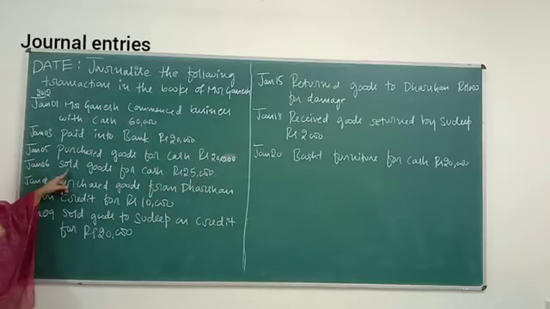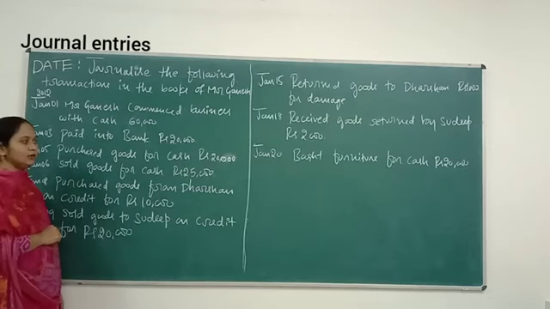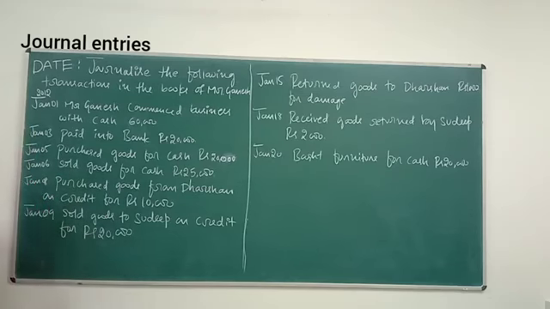January 6th, sold goods for cash rupees 25,000. Next, January 8th, purchased goods from Darshan on credit for rupees 10,000.